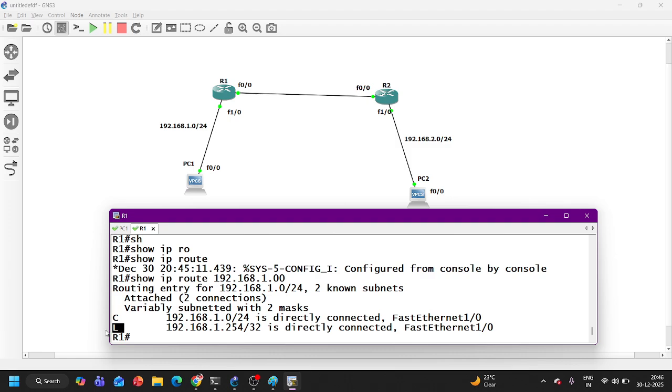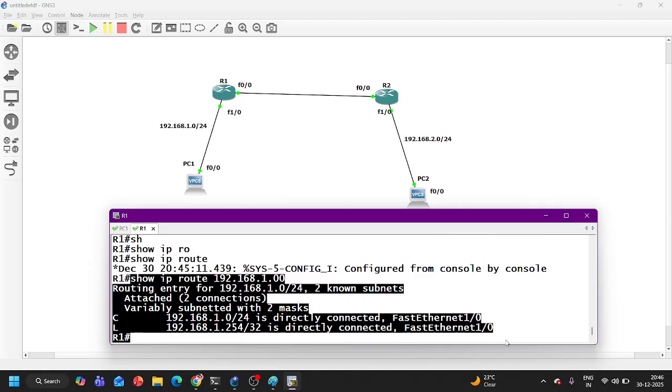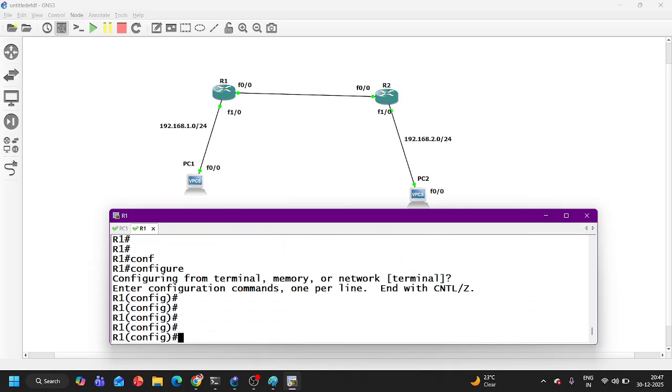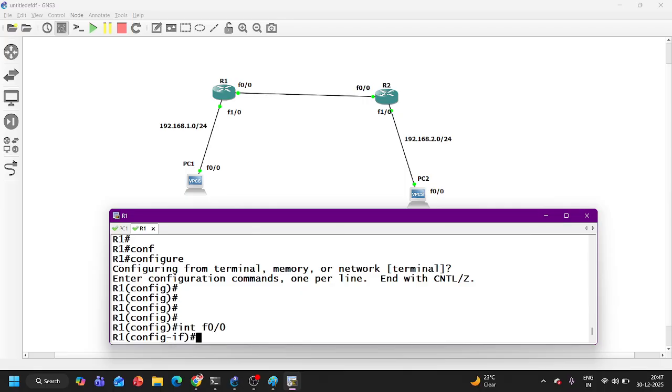Or the second one is here. So you can open any prefix in detail in the routing table, and later you will see other components as well for the receive route. Let's suppose here I have configured a static route, and before that I have to configure an IP on F0/0.